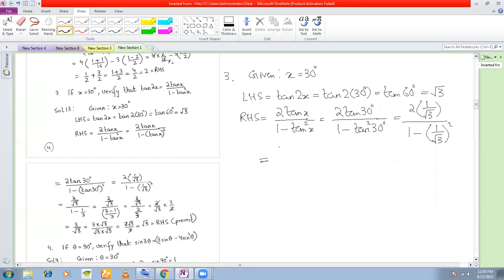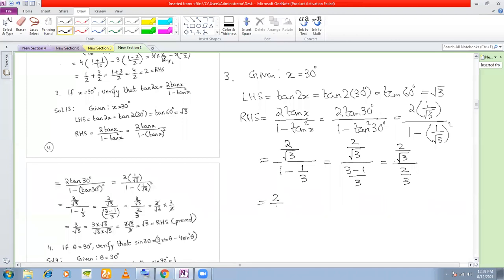So now let's simplify this. Get 2 by root 3. And here you have 1 minus 1 by root 3 square, which is simply 1 by 3. So in the numerator you have 2 by root 3. And you can take the LCM here to get 3 minus 1 by 3, and you get 2 by 3.